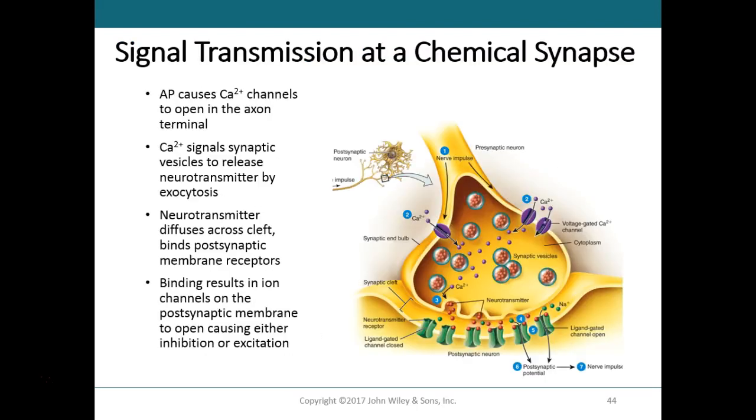In this image, we'll look at how signals are transmitted at a chemical synapse. So here we have a small picture showing what we're seeing here. So an action potential has traveled down this axon to the axon termini, and the little synaptic bulb, the enlargement at the end of the axon, and here we have the postsynaptic cell.